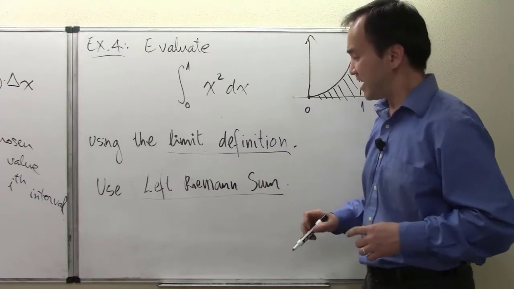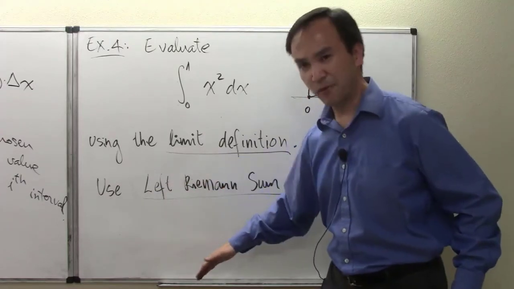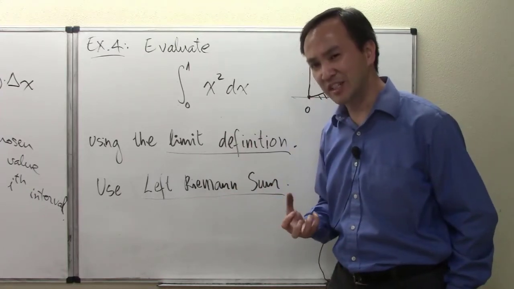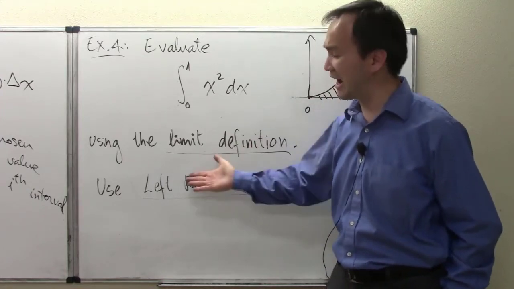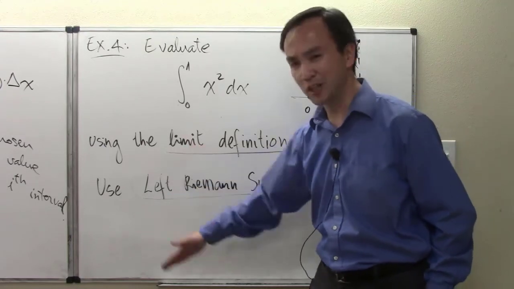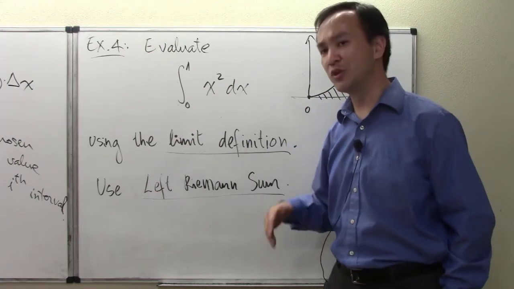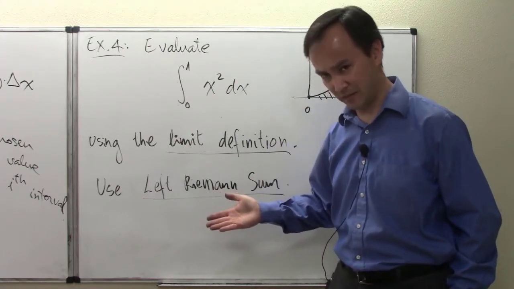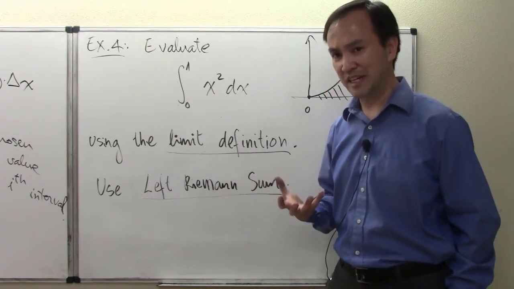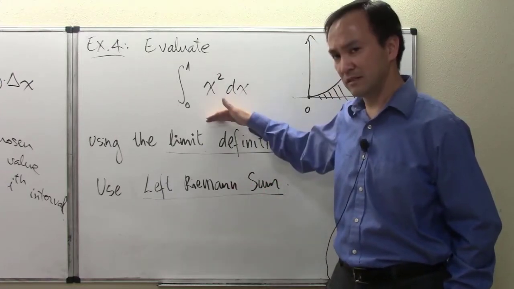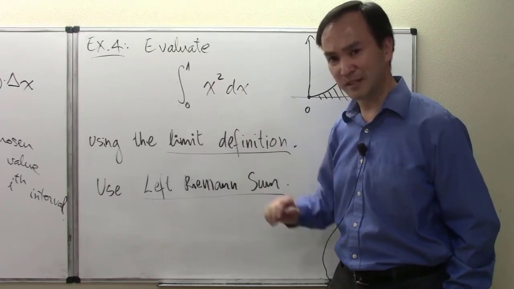And then outside of this example, if any of you following this video lesson want to get successful with your learning, I highly recommend that you restart the whole process using the right Riemann sum, and also use the midpoint Riemann sum, so that you will get even more experience handling this evaluation problem using the limit definition.